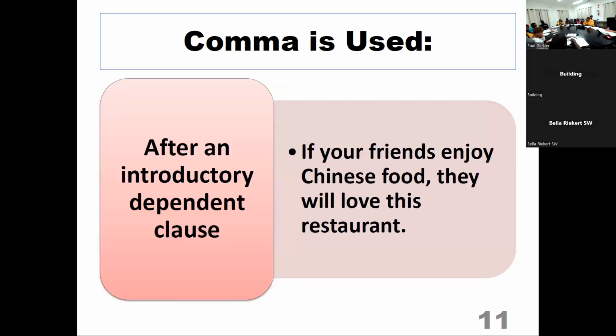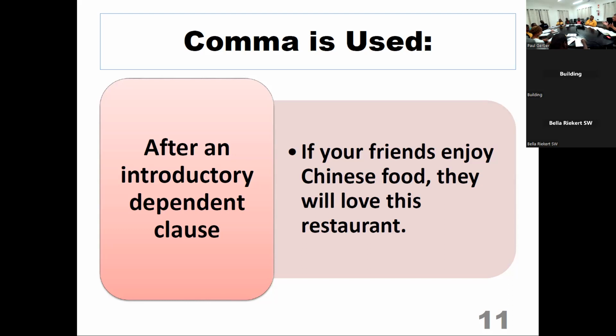Next one. Right, so it says after an introductory dependent clause. So you can see here, if your friends enjoy Chinese food, they will love this restaurant. You see there's two clauses there. If your friends enjoy Chinese food, that can't stand on its own.